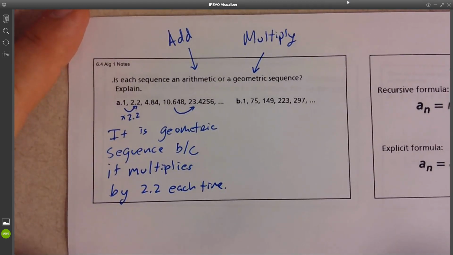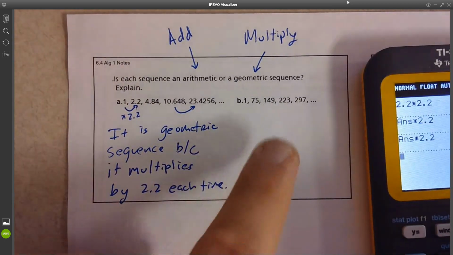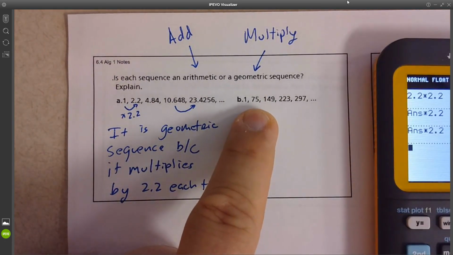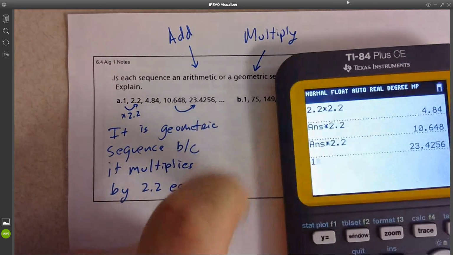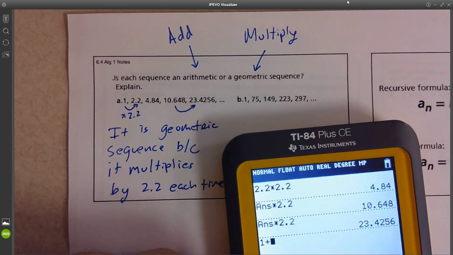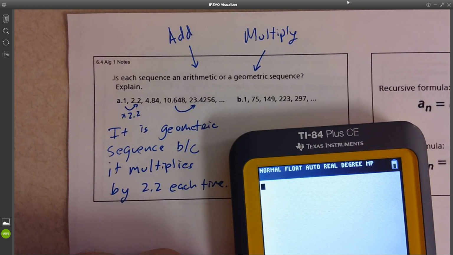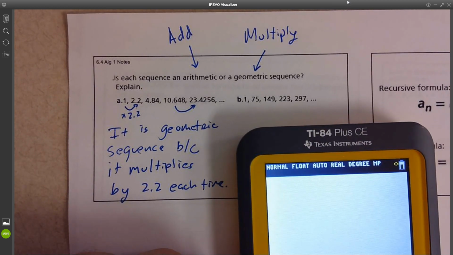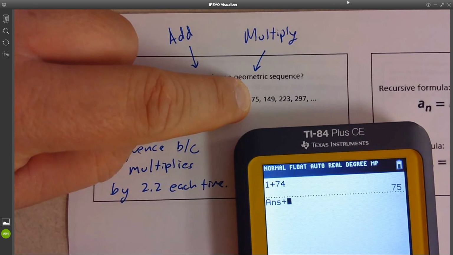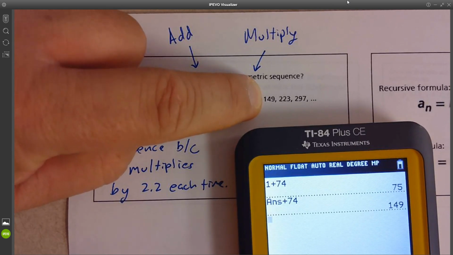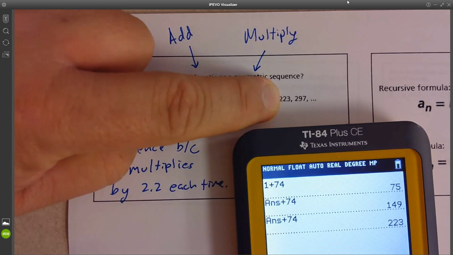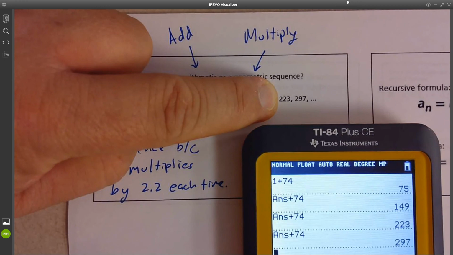And that was nice of them to start at 1 there for us. This next one, is it going up by 74 each time? So 1 plus 74, 1 plus 74. We all know it's 75. And then if I add 74 to that, 149 plus 74 plus 74.